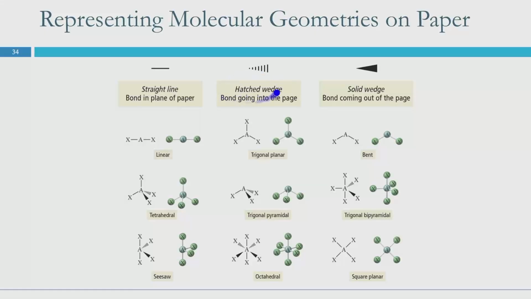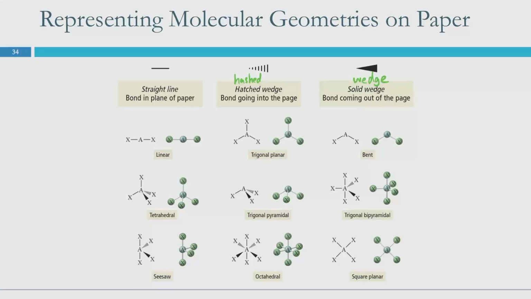We also have these hashed wedges or hashed lines, and we've got the solid wedge. These hashed lines are going away, so they're going behind whatever you're looking at, away from you. They can be at down and up angles.